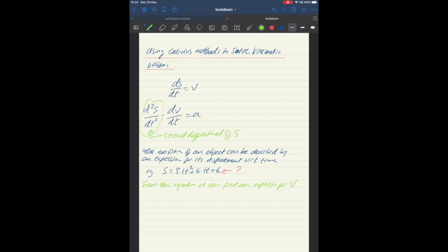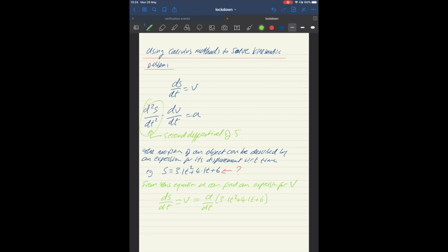Well, how do you do that? Easy enough. You know ds by dt equals v. So that's going to be d by dt of 3.1 t squared plus 4.1 t plus 6.